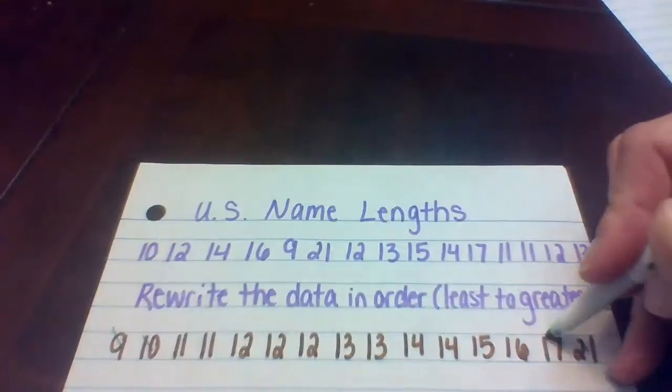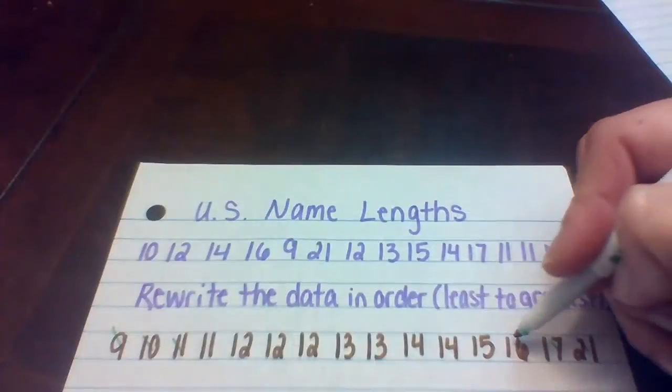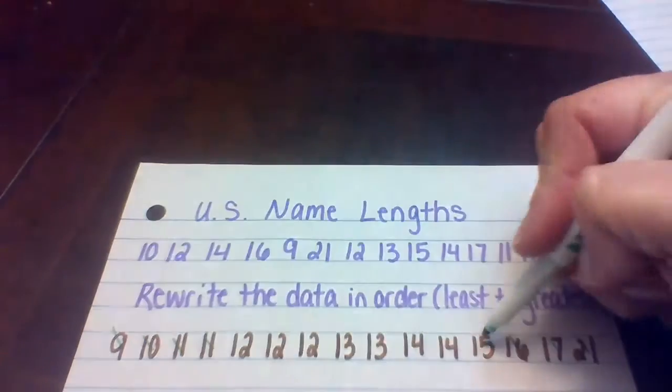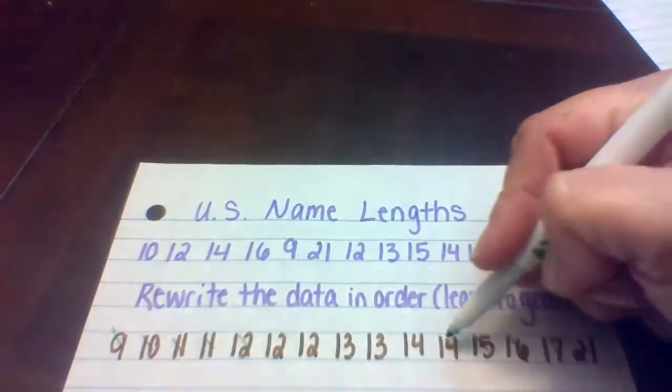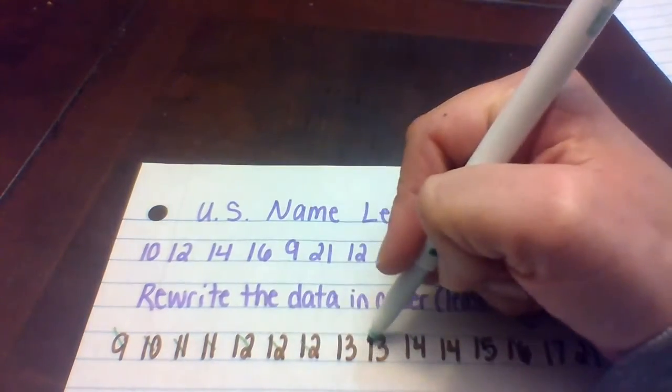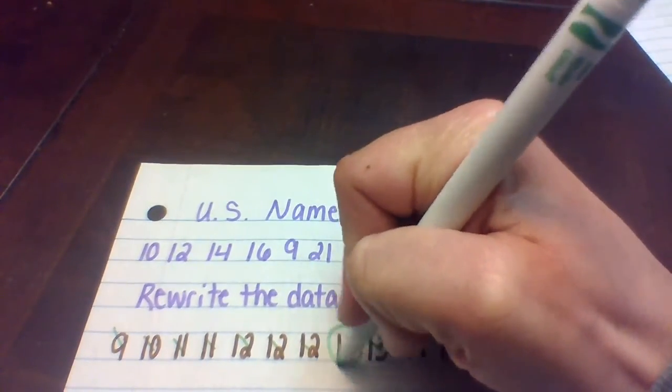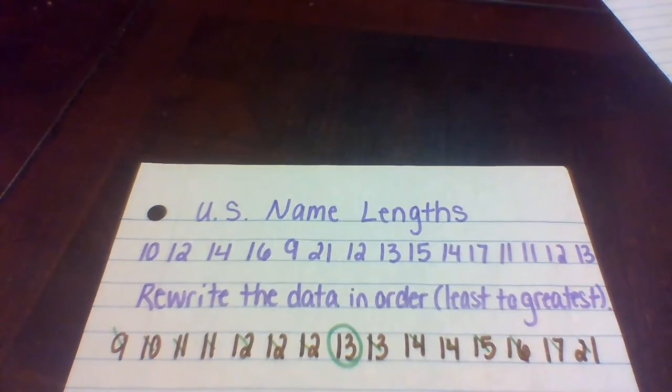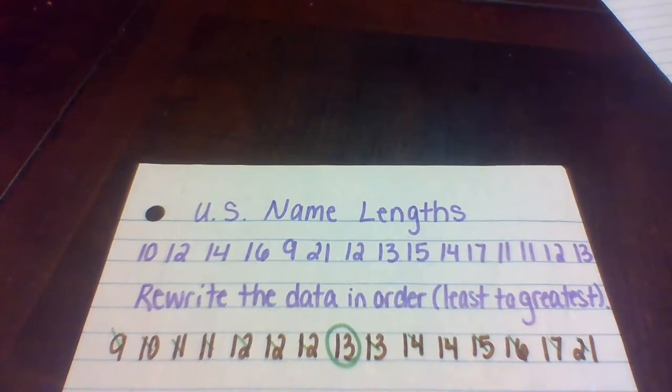Least, greatest, least, greatest, until you find the median. You can do that. I caution you to cross out very lightly so that you can still see the number, because remember, you have to go back and find Q1 and Q3. So those numbers still need to be visible, okay?